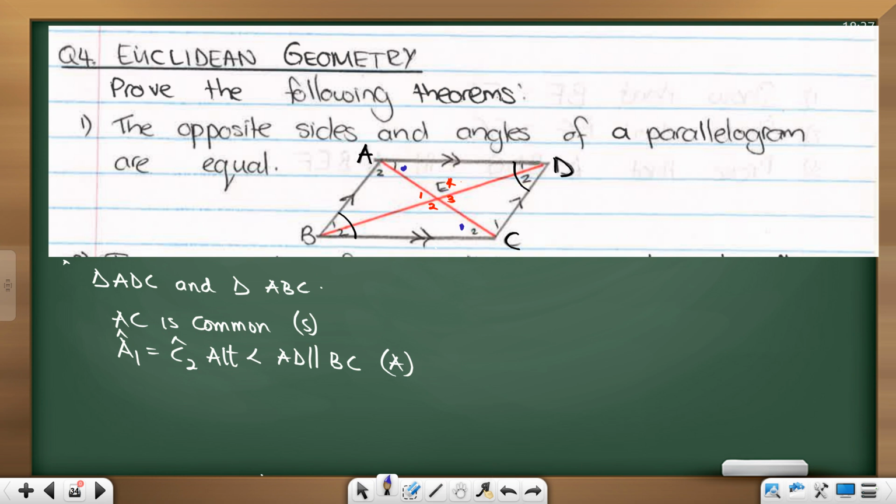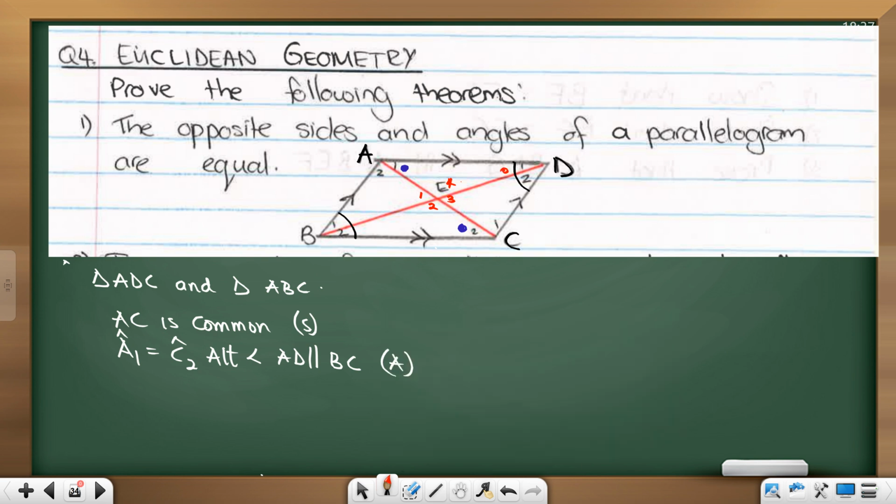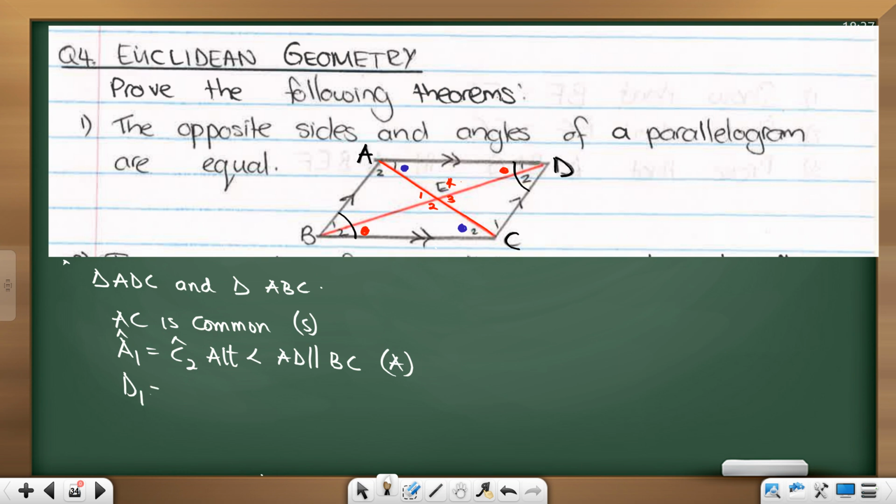D2, let me use, right, we said this and this. You said what? D1 and B2 are what?